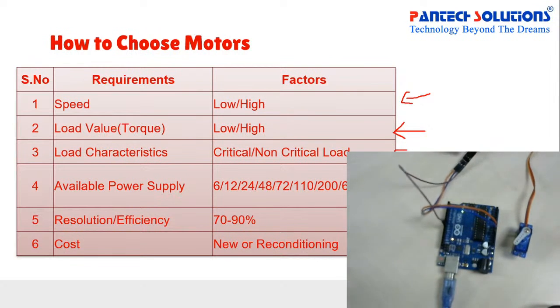The next parameter is the available power supply. For example, if you are developing a robotic application for a domestic or industrial requirement, take a domestic application: a vacuum cleaner is a small kind of robot.